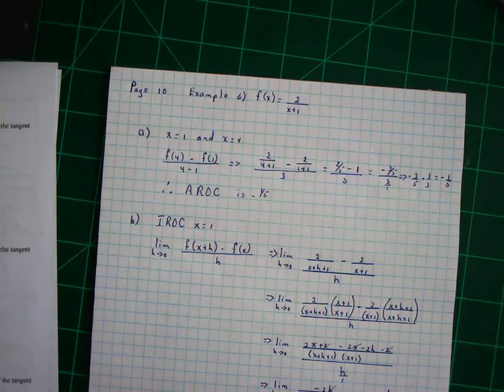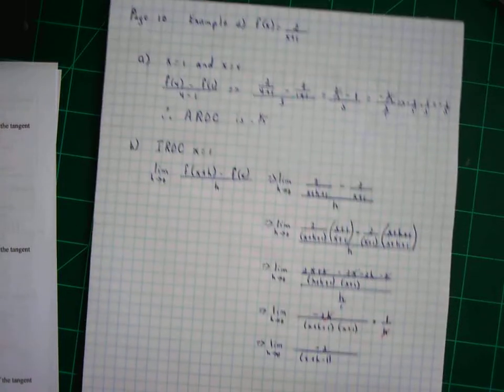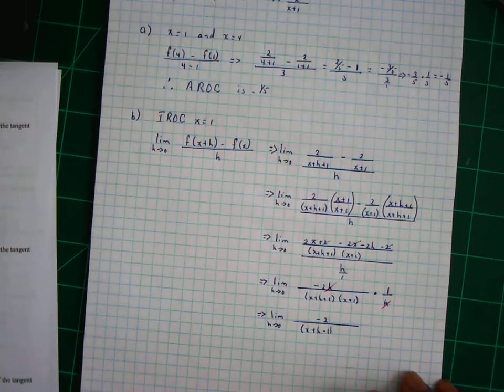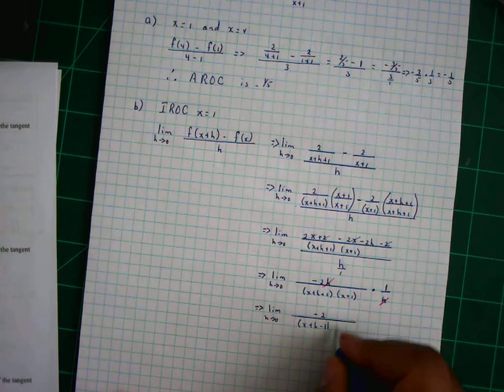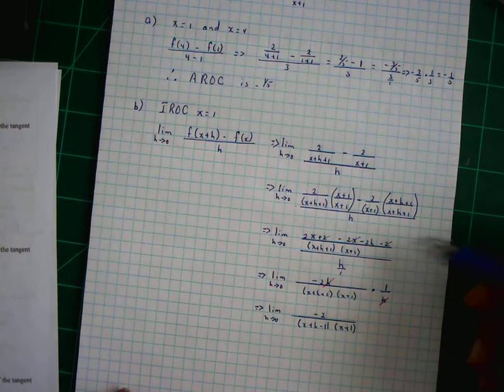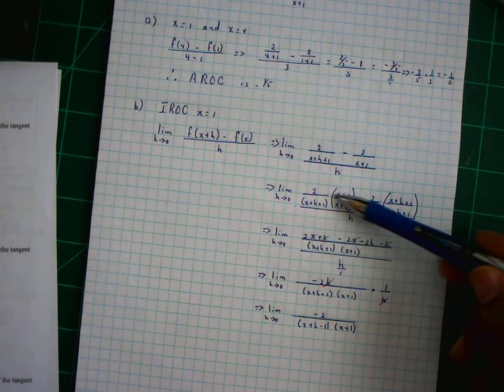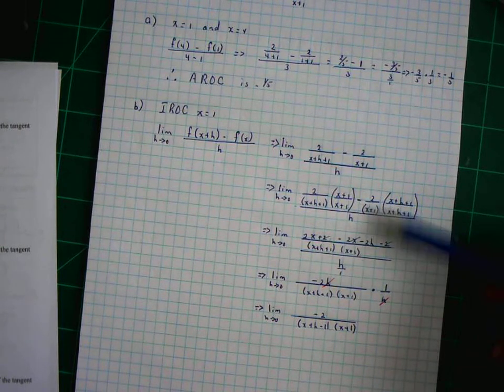over x plus h plus 1, and you can't see that, so let me move up a little bit, times x plus 1. Now let me go over the part I did when you couldn't see it. Okay, we expanded this numerator out. 2 times x, 2 times 1 gives me that, minus 2x minus 2h minus 2 times 1.